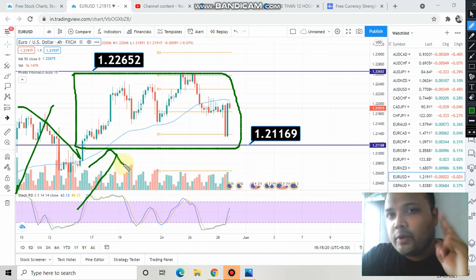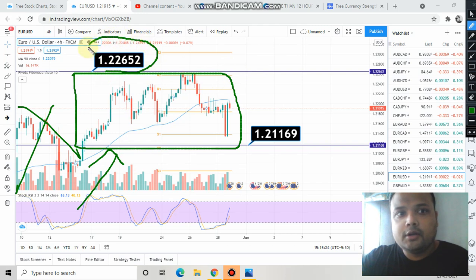And from the weekly chart, one thing is very clear to us, that this level 1.2265 is kind of crucial for the market. Whenever the market is touching this resistance level, it is facing heavy price rejection from above, struggling, and coming down. So the first trading opportunity for us will be this 1.2265 level.